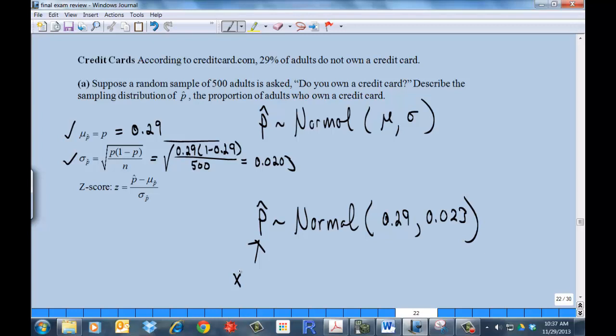So x is also a random variable, and x bar and x. These are all three random variables. And this is a non-standard normal. Remember, the standard normal has a mean of 0 and a standard deviation of 1. This has a mean other than 0 and a standard deviation other than 1, so this is non-standard.